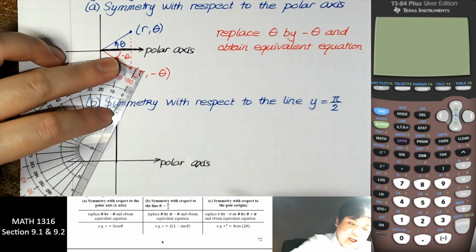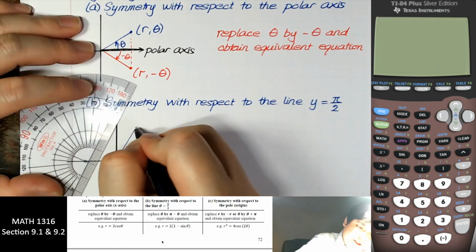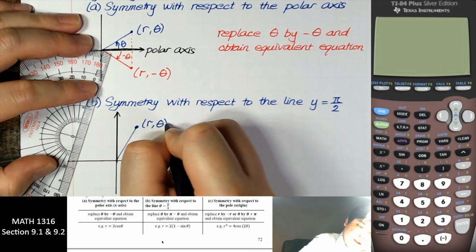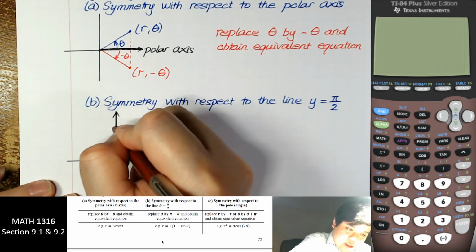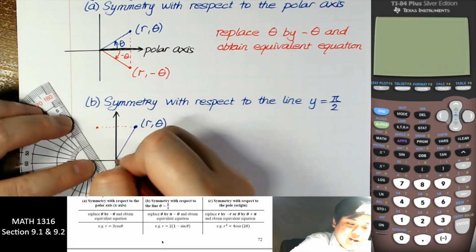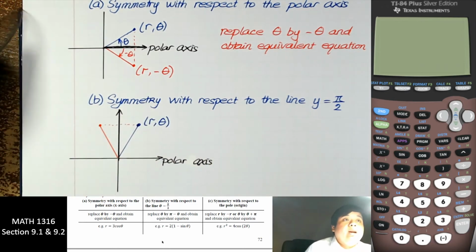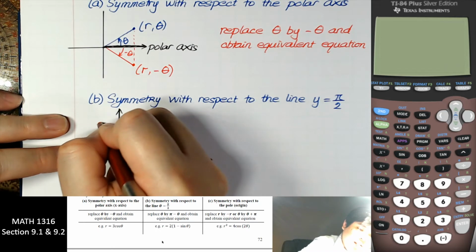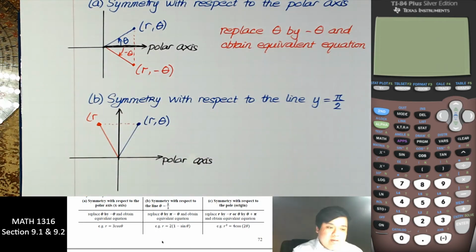If we have the point here, we want to know the point opposite to it. By the way, the point obviously has the same radius, but in terms of the angle, what do we have?